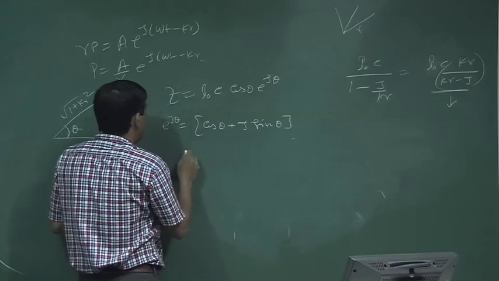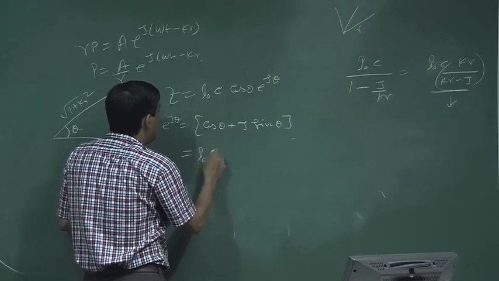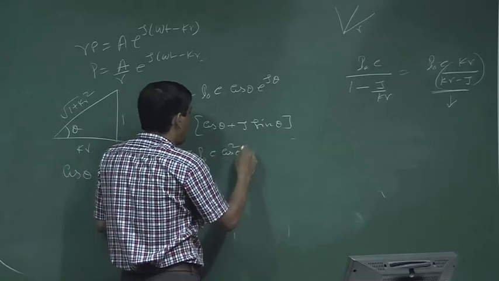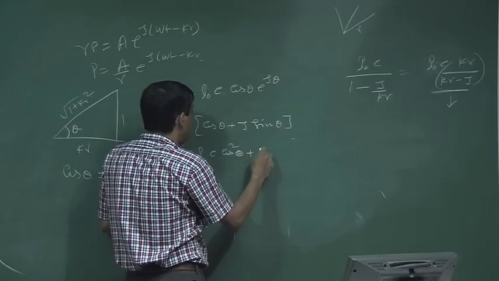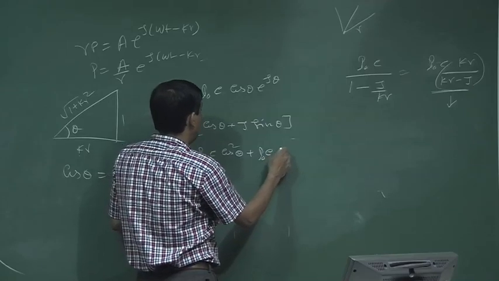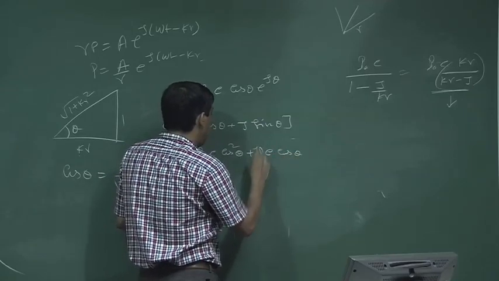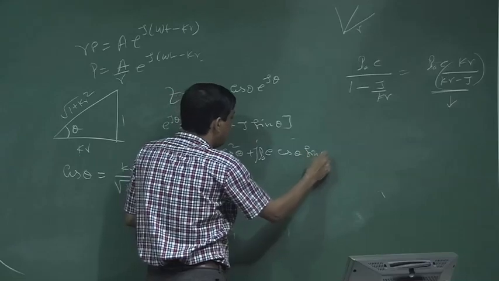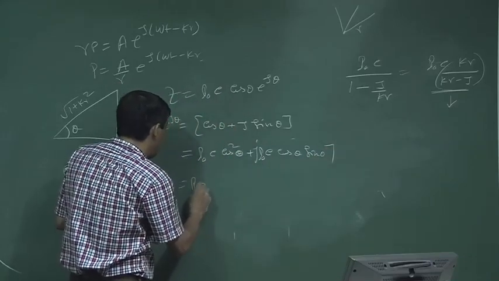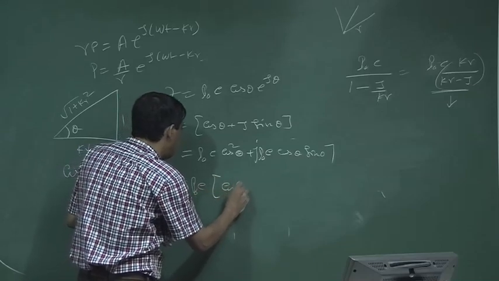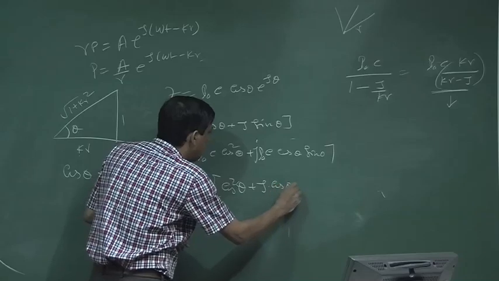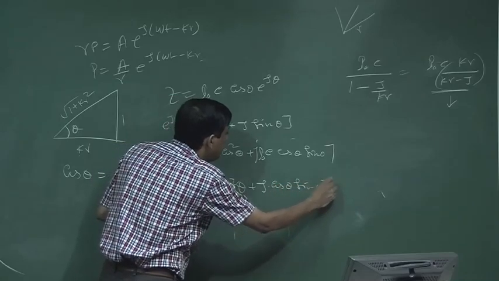So, I can write Z is nothing but rho 0 c cos theta into cos theta, so cos square theta, plus rho 0 c cos theta into j sin theta, or I can write rho 0 c cos square theta plus j cos theta sin theta.